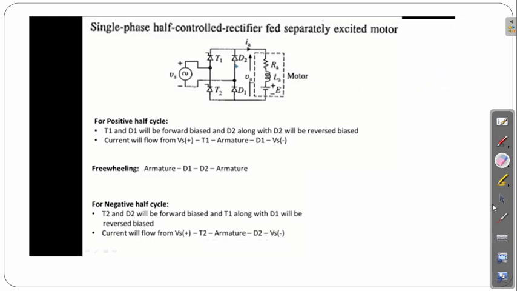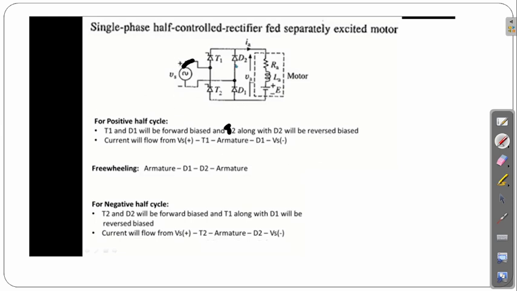D is nothing but the diode, diode 1, diode 2. So the operation is the same: T1 and D1 will be forward biased and T2 along with D2 will be reverse biased.